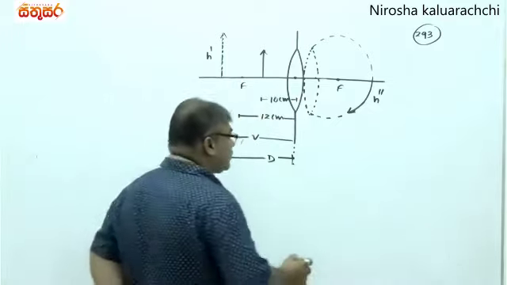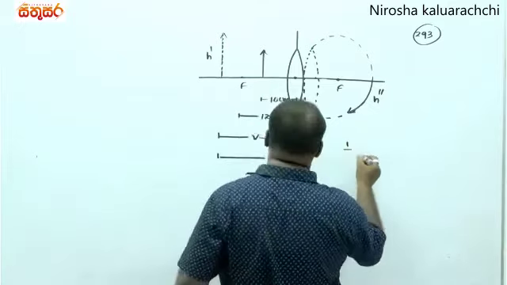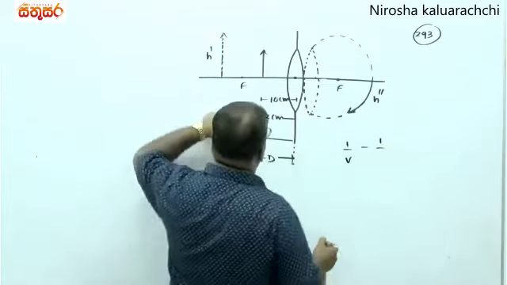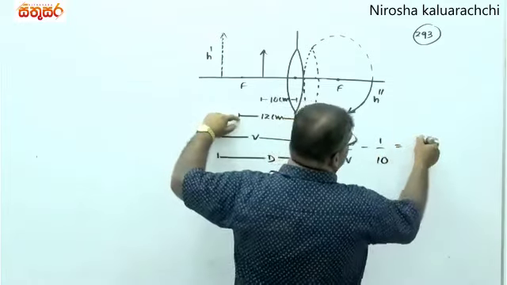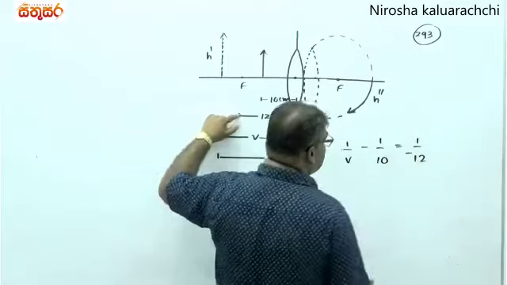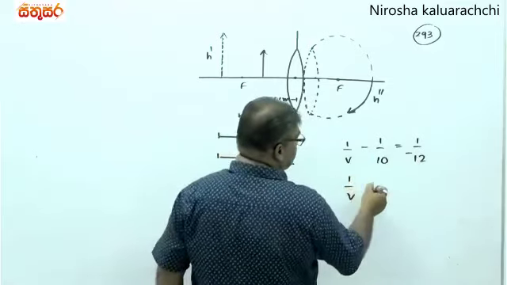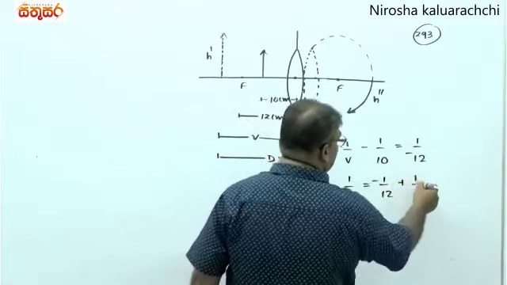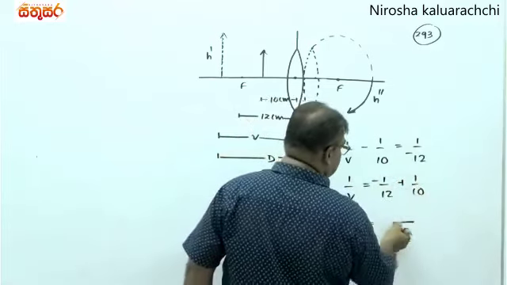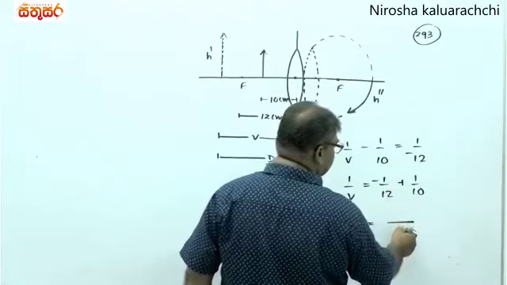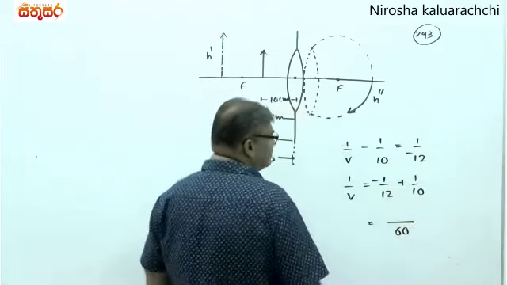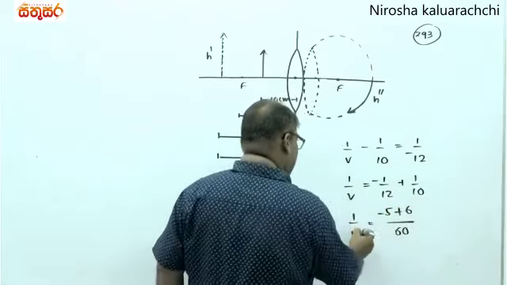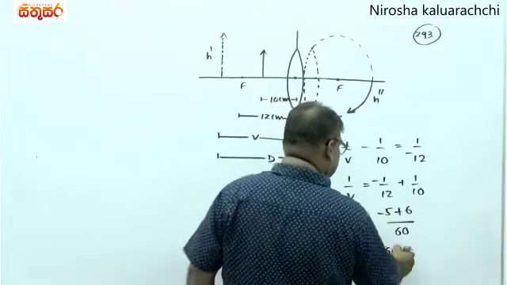Then apply the lens formula, 1 over V. V should be found. 1 over U, U is 10, focal length is 12, so minus 1 over V equals 1 over 12 minus plus 1 over 10. It's 12, 10, 60, no? 60, 12, 5 minus 5 plus here 6, 1 over V. Then V becomes 60 centimeter.